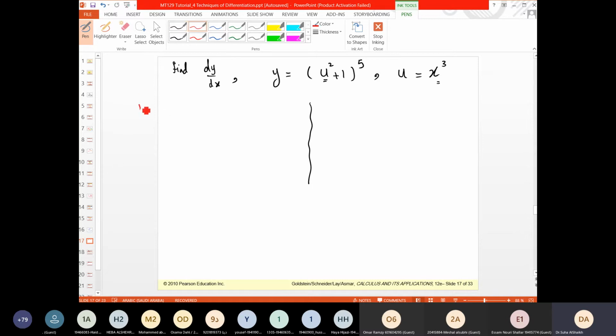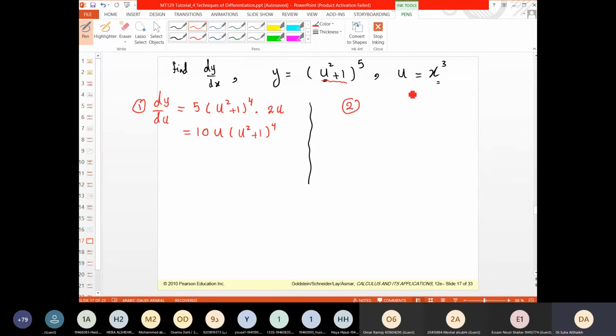So the first step, I will find dy by du. It's equal to 5 times u squared plus 1 to the power 4, times the derivative of what's inside. What's inside is u squared plus 1, so the derivative is 2u. So this will be 10u times u squared plus 1 to the power 4. We finish this part.